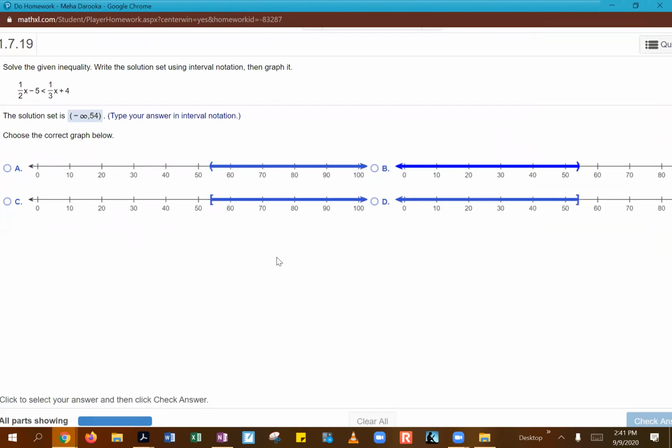You're talking about B. Okay, Alicia and James, you guys are also going with B. Yeah, because again, you can see this is where we are not including our 54. This guy has a bracket on it, which means it's being included, and that's not right. These guys are, of course, shading on the right-hand side, so they are incorrect. So yeah, exactly, it has to be option B.